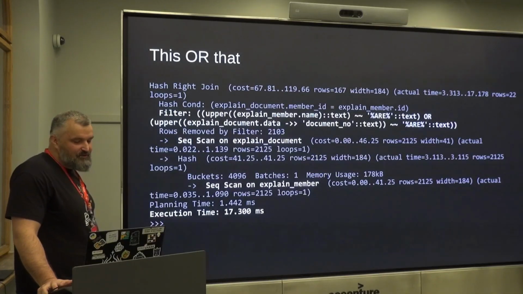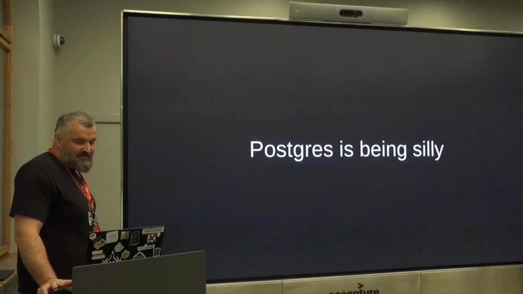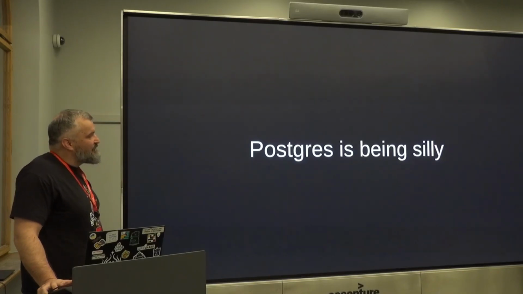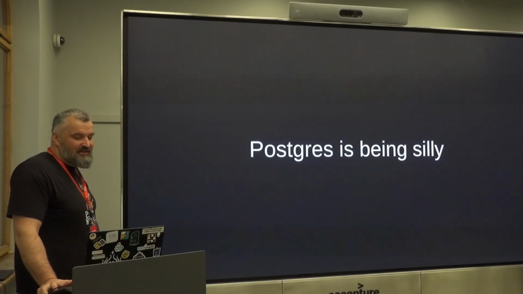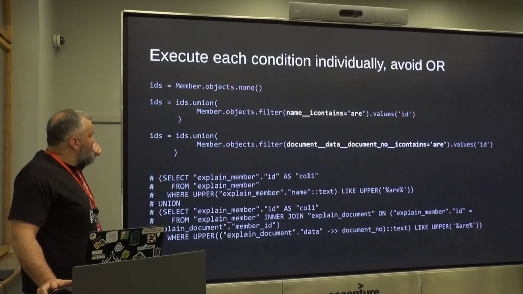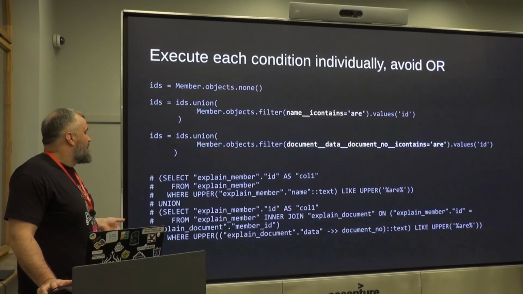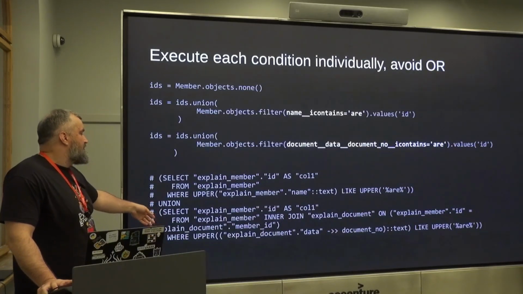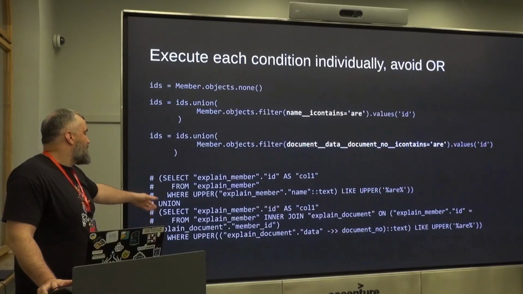It turns out this is a Postgres thingy. It's not well known, but it's acknowledged that this is an issue. So how do you fix that? This is Django syntax, but the main idea is that I first collect the member IDs for one condition, then I select from the document table and collect member IDs from that one.